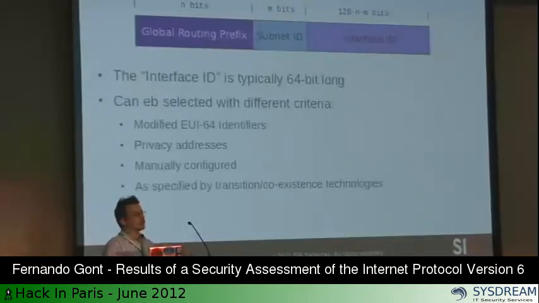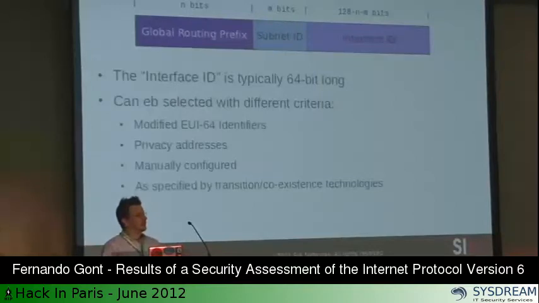You have a global routing prefix that is assigned by your upstream. So if you request a prefix from, let's say, your ISP, that ISP will assign you a global routing prefix. Then you have a few bits for subnetting, the same thing as you do with IPv4. And finally, you have an interface ID, which is analogous to the host ID that you find in IPv4 addresses. So it's essentially the same as in IPv4, the only difference being the size of the address.